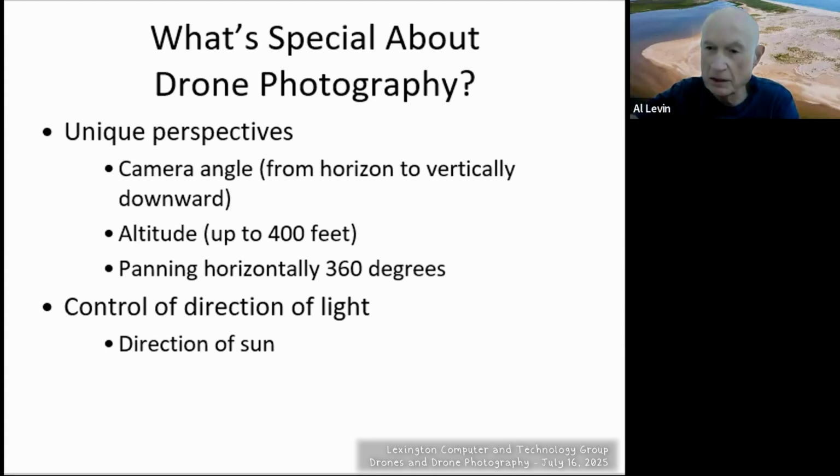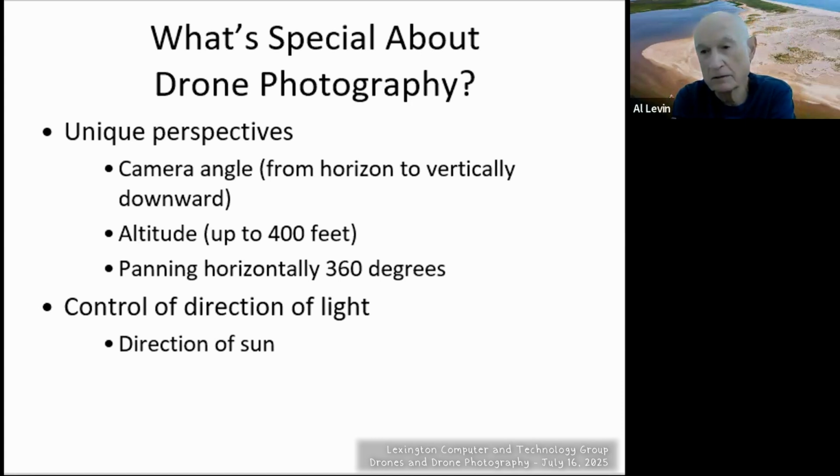You can change the altitude at which the image is taken. You can pan horizontally. So you have a wide variety of perspectives. You can also control the direction of the light. I mean, I'm a pretty powerful guy, but I can't change the location of the sun. But I can change the location of the drone in relation to the sun.